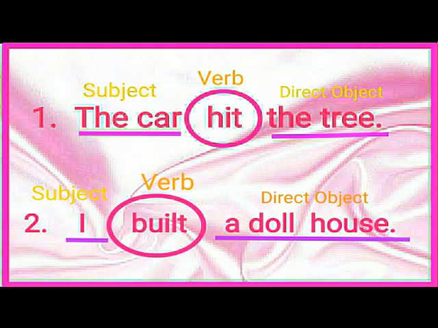Always remember, built is a transitive verb, and when we question I built what, you will get the answer a doll house, which is your direct object, and it is made up of a noun phrase. A doll house. 3 words are included. Again, I am telling you, a noun phrase means a group of words working as a noun.